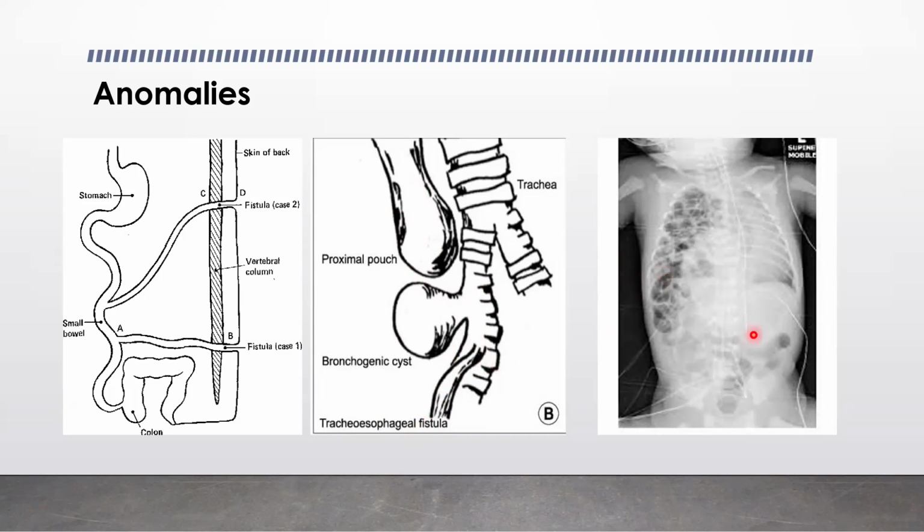And then this image is trying to show us that you can also have the presence of abdominal structures in the thorax, the eventration of the diaphragm. You can see these abdominal structures inside there.